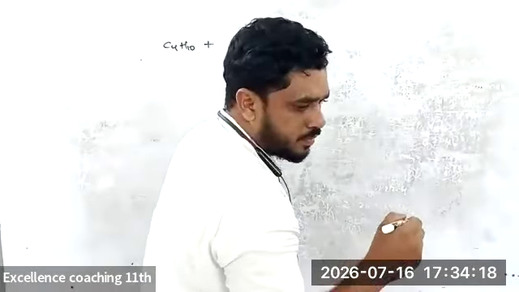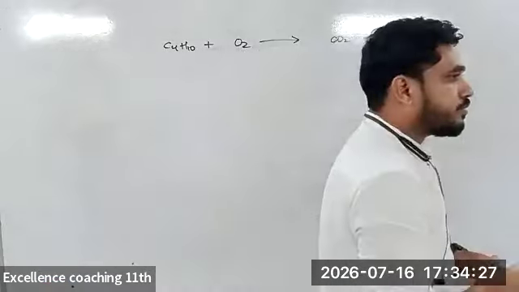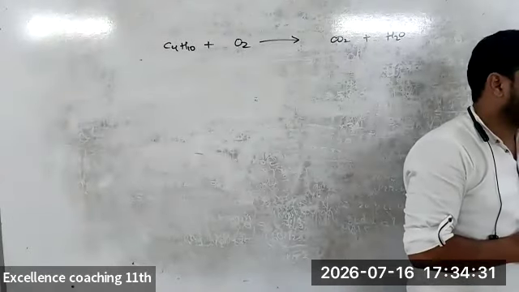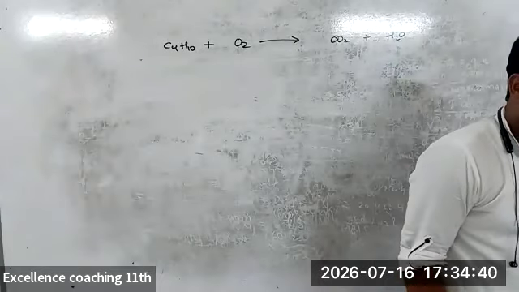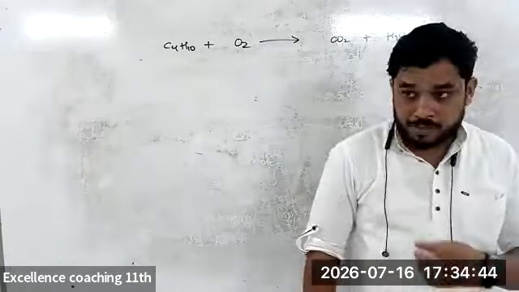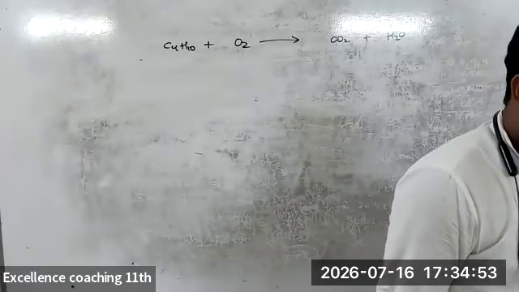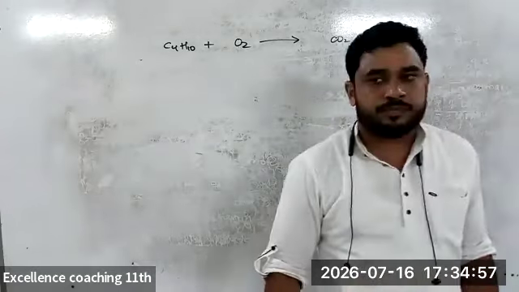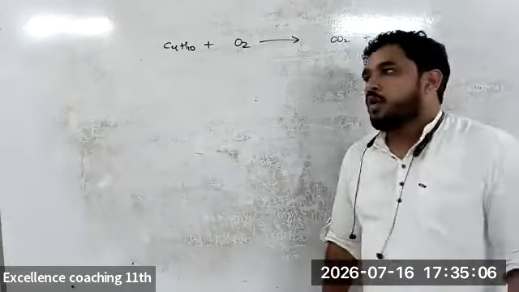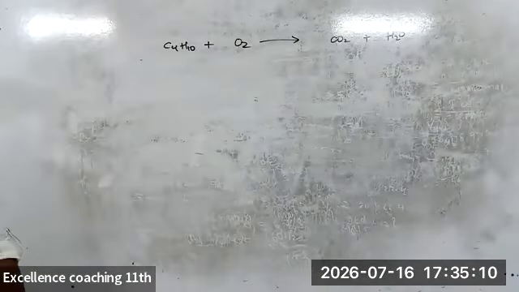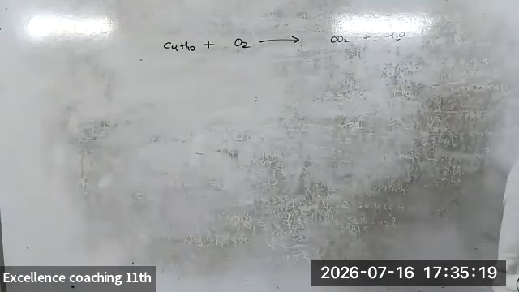C4H10 plus O2 gives CO2 plus H2O. Find mass of CO2 produced and mass of O2 required when 5.8 gram of butane is burnt.